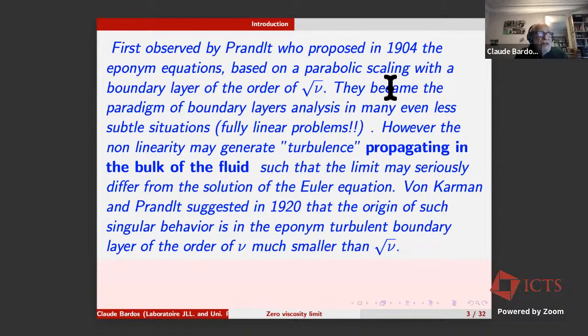Now, how that happens is a field of study, of course, and I will try to contribute modestly to this point.